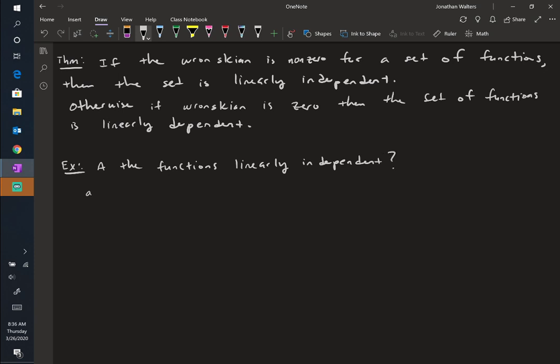The first set of functions, y1 is e to the t, and y2 is e to the negative t.